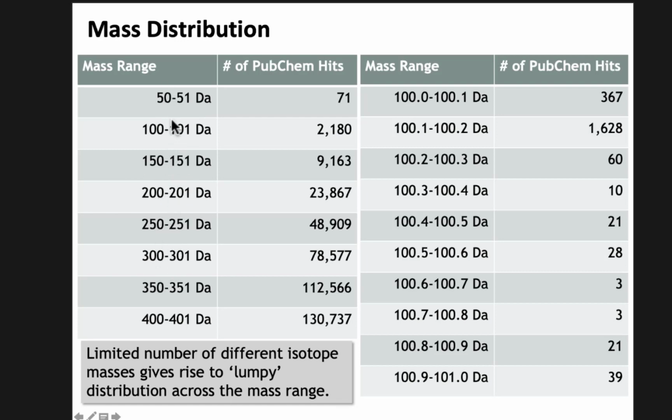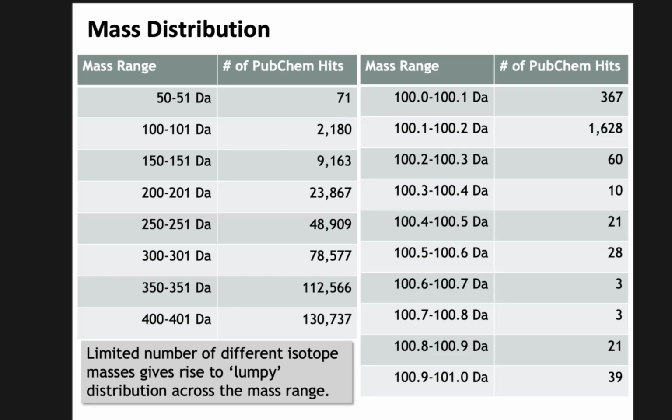So in steps of 50 Dalton, I just counted the number of PubChem hits that we have in this mass range. So the first thing that is pretty obvious is for low mass ranges, you have very few hits, because there are only so many ways in which you can combine a handful of atoms to give a chemically meaningful structure.